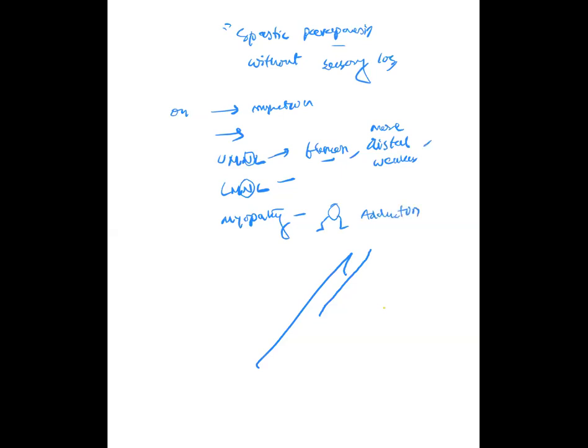Here the opposite occurs, that is abductor weakness. So in case of lower motor neuron lesion, again it is the same flexor type of weakness, more distal weakness, as well as abductor weakness.